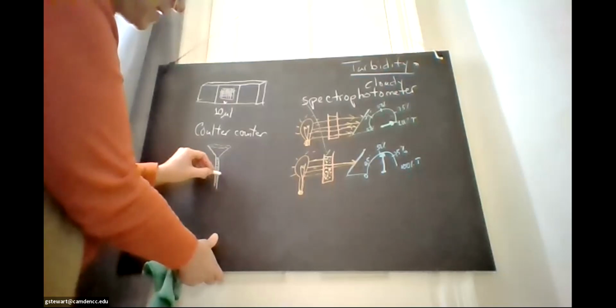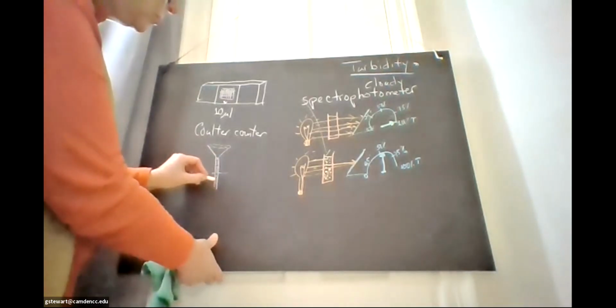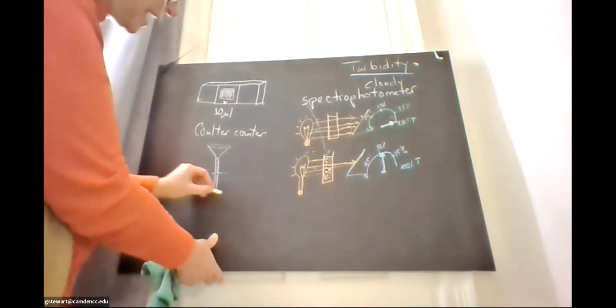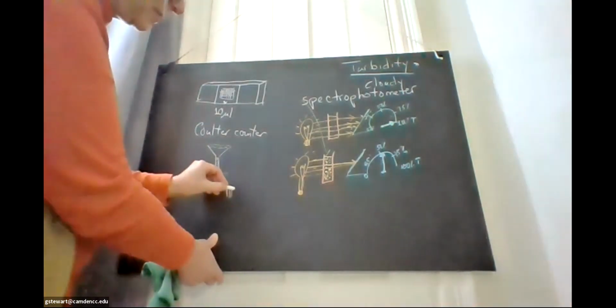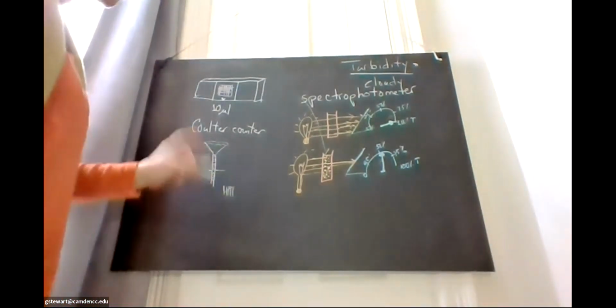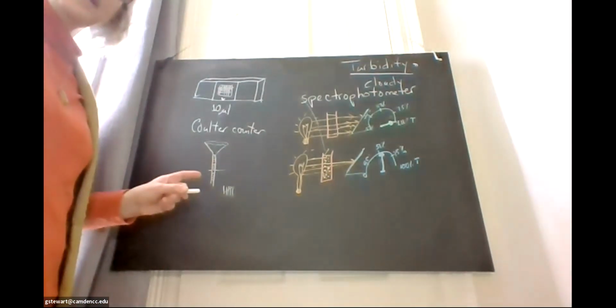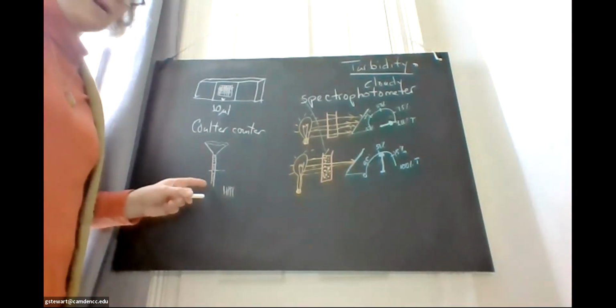And then there is a magnetic field along the tubing. And as the cells pass through the magnetic field, the machine counts for you. Okay, that's what a Coulter counter is for. It's awesome unless this piece of tubing gets clogged. And then it's a little tricky because then it doesn't work very well.